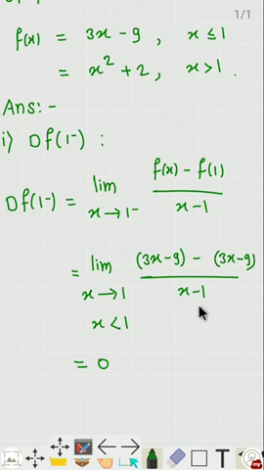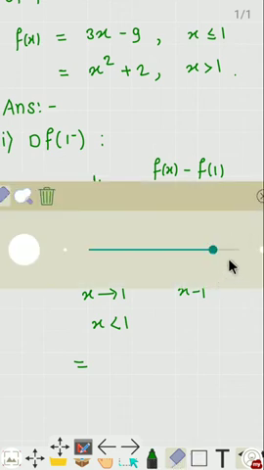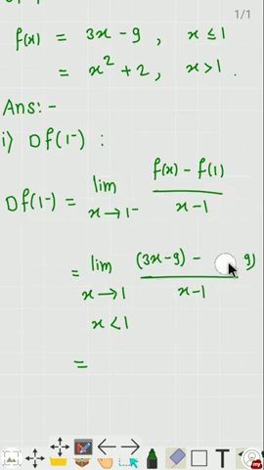In first case the value will not be 0. So see here, value of f of 1 is 3 into 1 minus 9, divided by x minus 1.